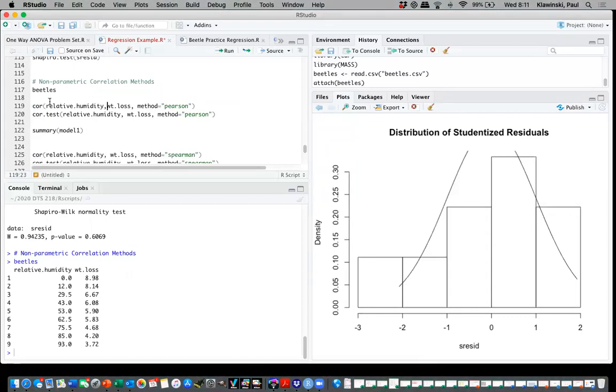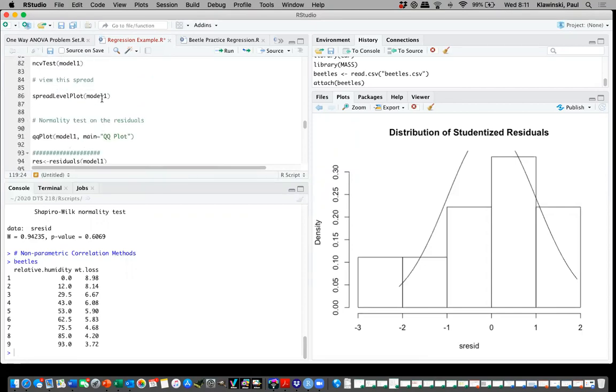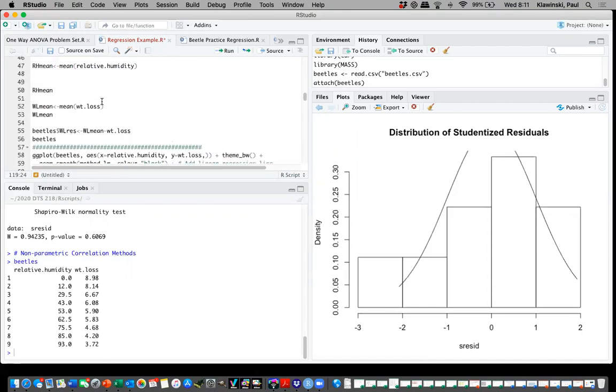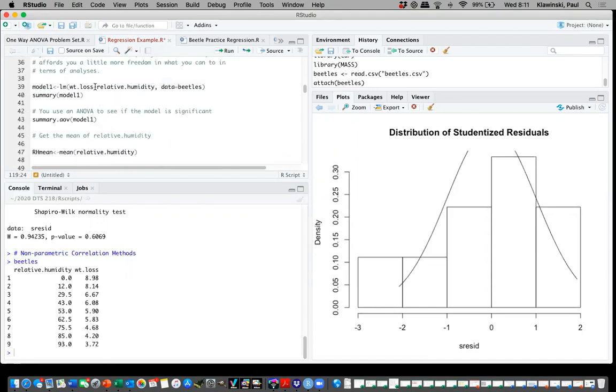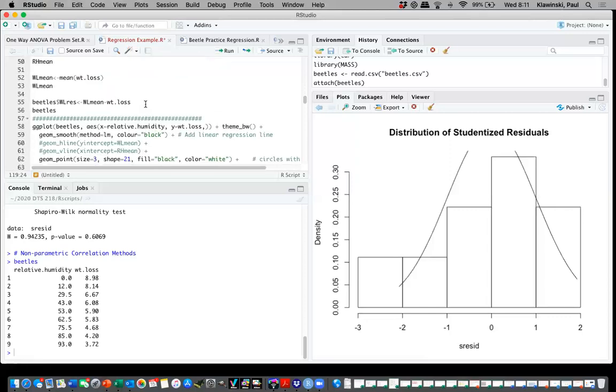In this case, the X value always comes first and the Y value comes second, which is just the opposite of how you have to specify it when you're doing this. Whenever you're specifying the linear regression, the dependent variable comes first and the independent variable comes second.